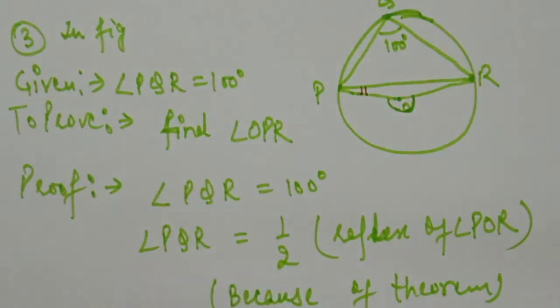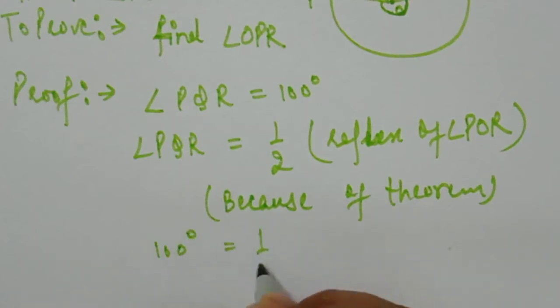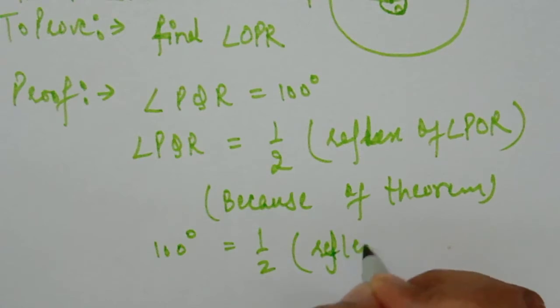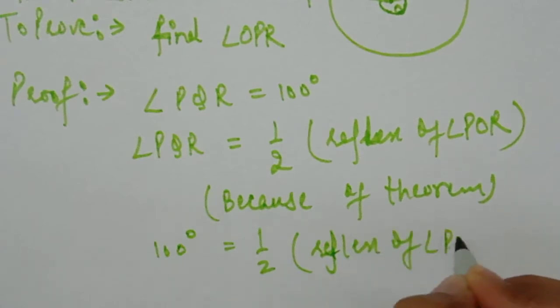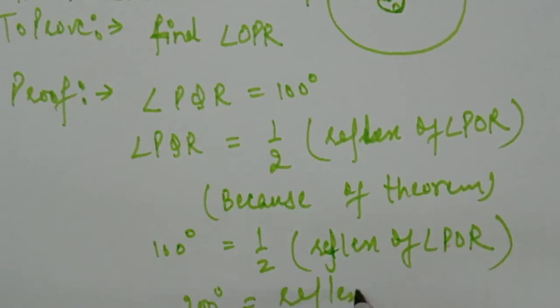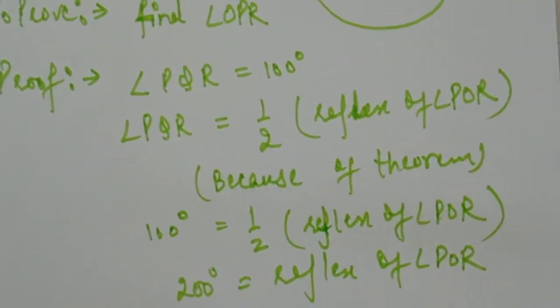So the value of angle PQR, 100 degree, is half of reflex of angle POR, then reflex of angle POR is 200 degree.